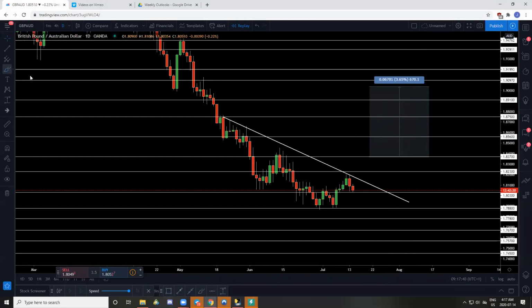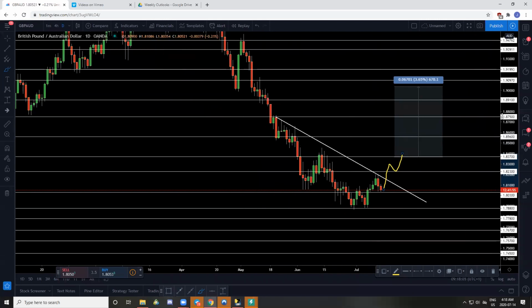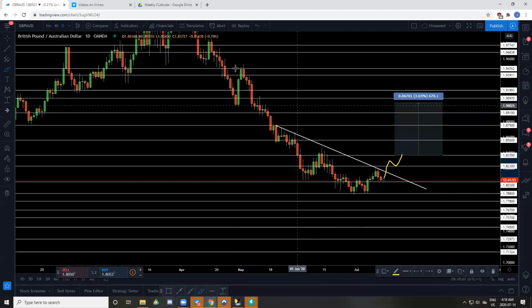Let's just say Bojo starts pumping out more optimistic speeches, the UK specifically doesn't have any lockdowns and they start having some positive Brexit talks. And let's just say by chance AUD actually goes into another wave of lockdowns, and we have a break of this structure and price above 1.823, we can start riding some corrective waves up of this downside move.